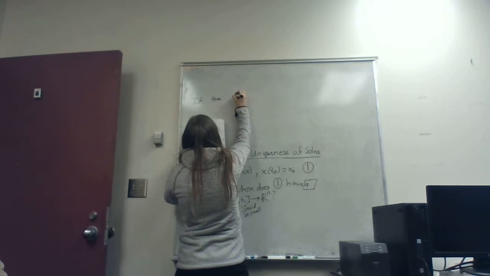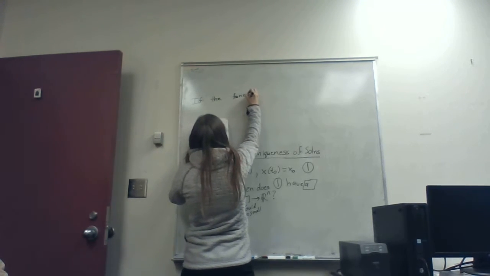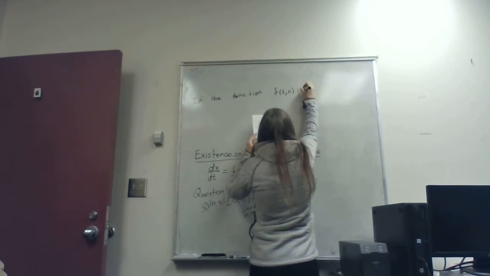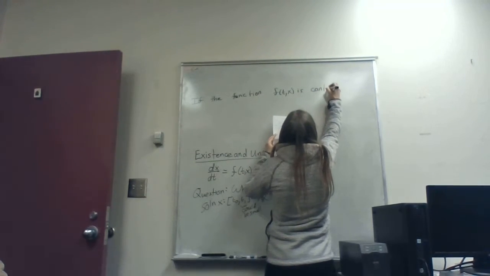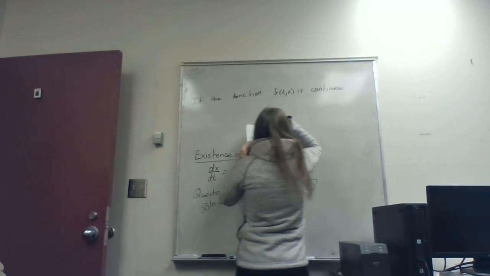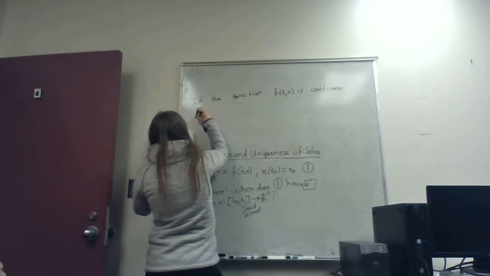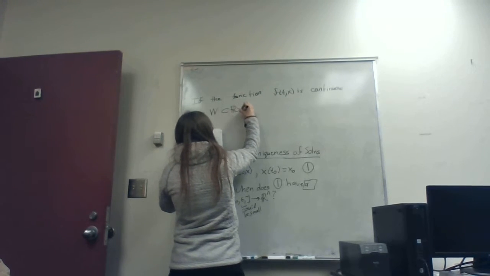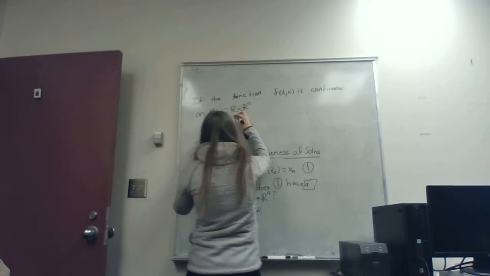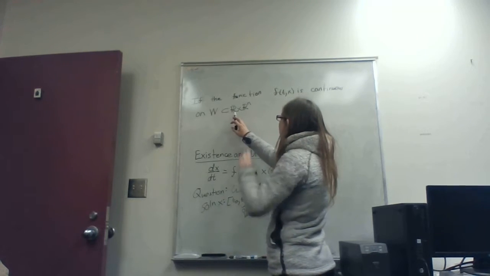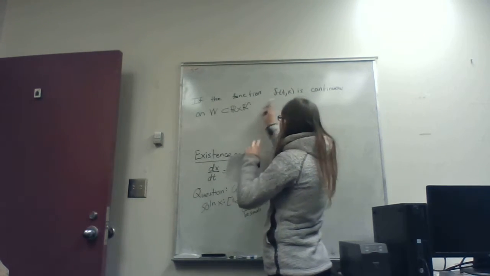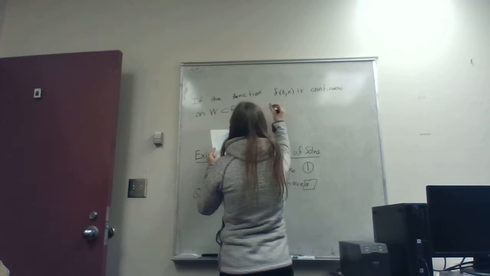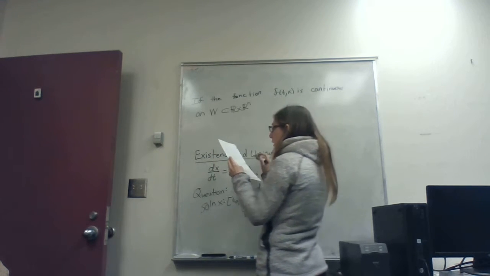Here's a statement. If the function f(t, x) is continuous on the set W contained in R cross R^n, so on a set that includes the real numbers for t and R^n for x, this is talking about the right-hand side of this derivative being continuous.